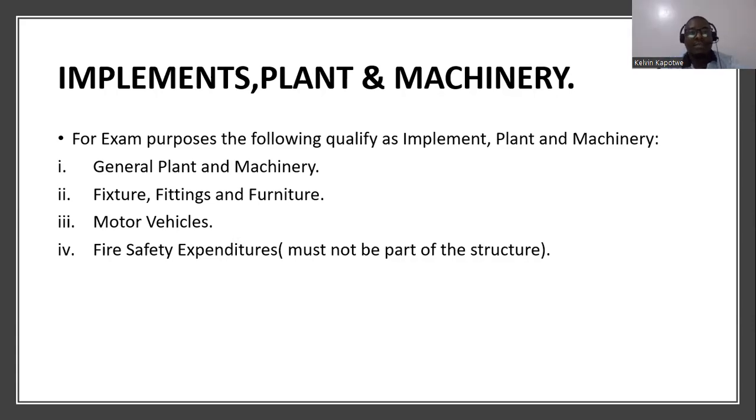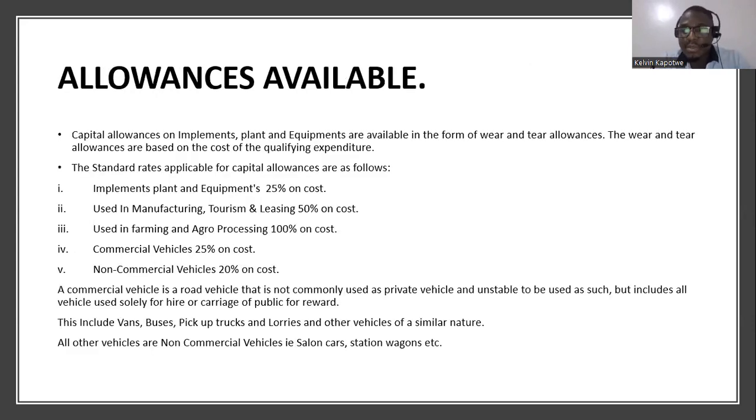So for a fire safety expenditure that you develop, it should not be part of the structure. For example, a chimney, okay, a chimney should not be a capital expenditure at that particular time.